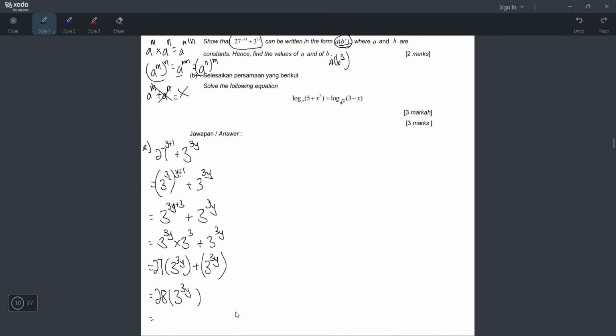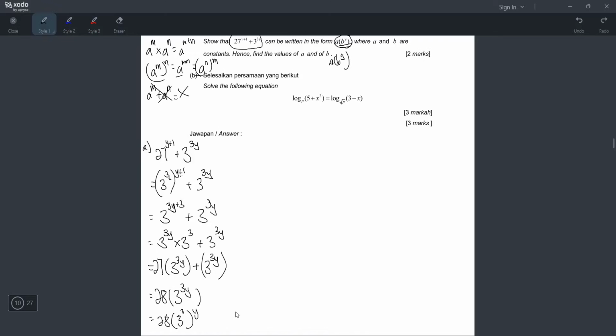So can you teach me how I can write this? If I want to do 3 power 3y, isn't it the same as 3 power 3, and then power y, right? Let me write nicely: 3 power 3 power y, right? It's the same, right?